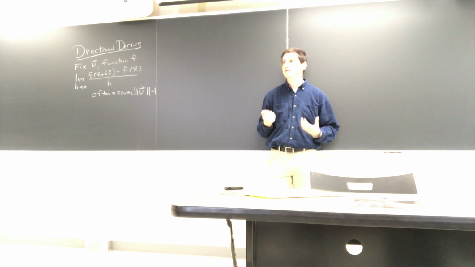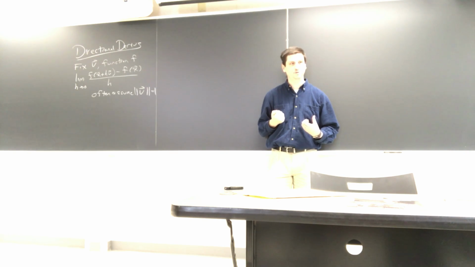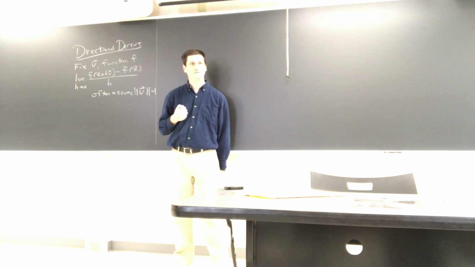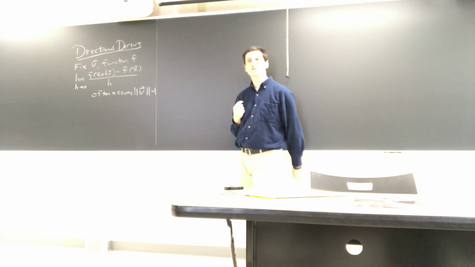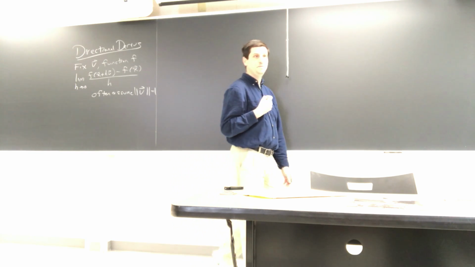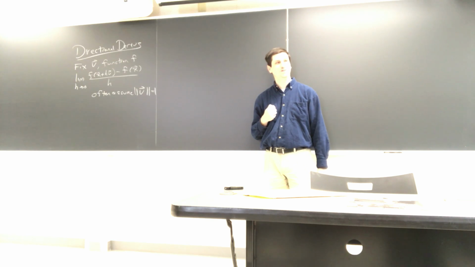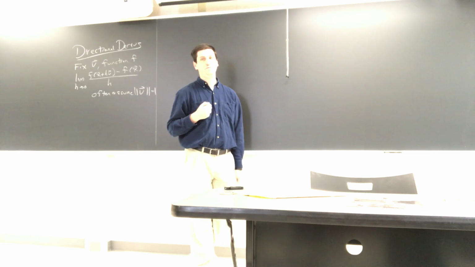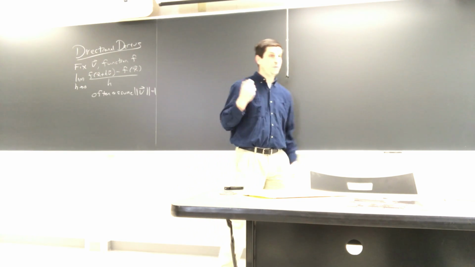So this is a perfectly good object to define. We have seen special cases of the directional derivative before. Where have we seen special cases? So what's a special case of the directional derivative? Special choice of v. So what derivatives have we seen so far in multi? Partial derivatives.